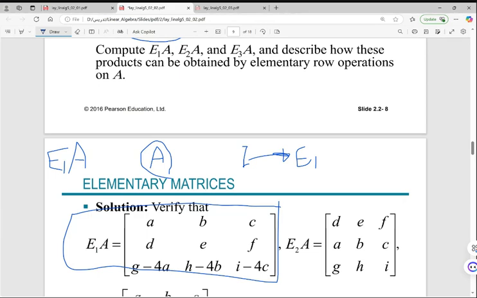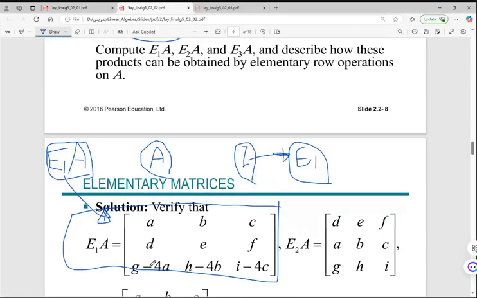Instead of this, we can apply the same operation on I and generate E1 and then compute E1A. E1A exactly will give you the same row operation. In E1A, you see the third row is replaced by the sum of the third row and minus 4 times the first row. This is the point here, right?